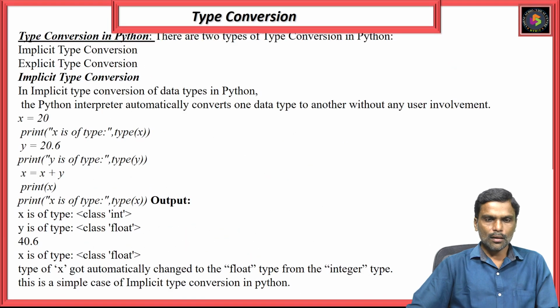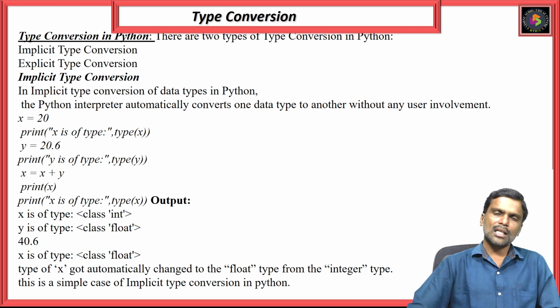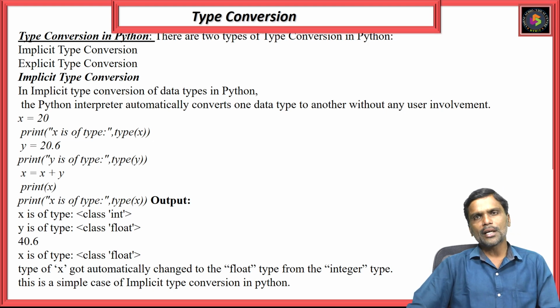So till now we have discussed input and output functions. Another small topic I want to discuss in today's video is type conversion. What do you mean by type conversion? Type conversion is nothing but conversion of one data type into another data type.